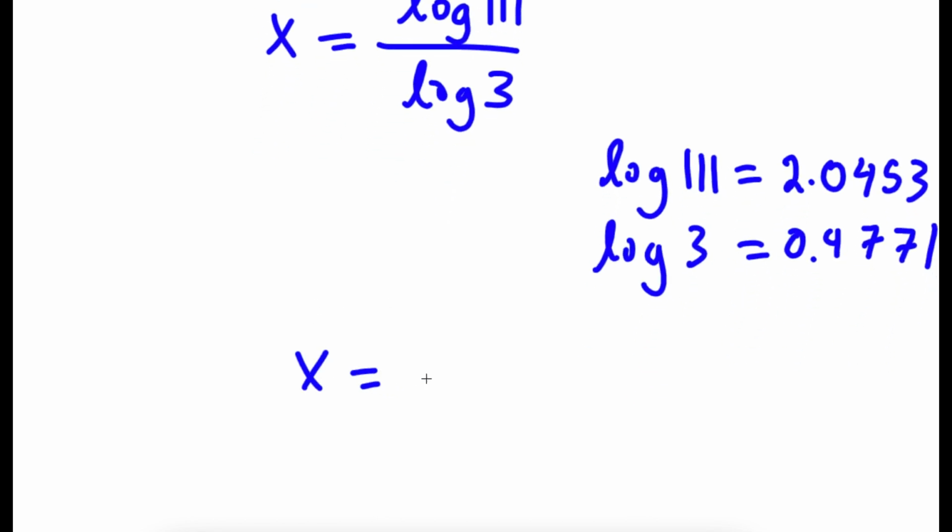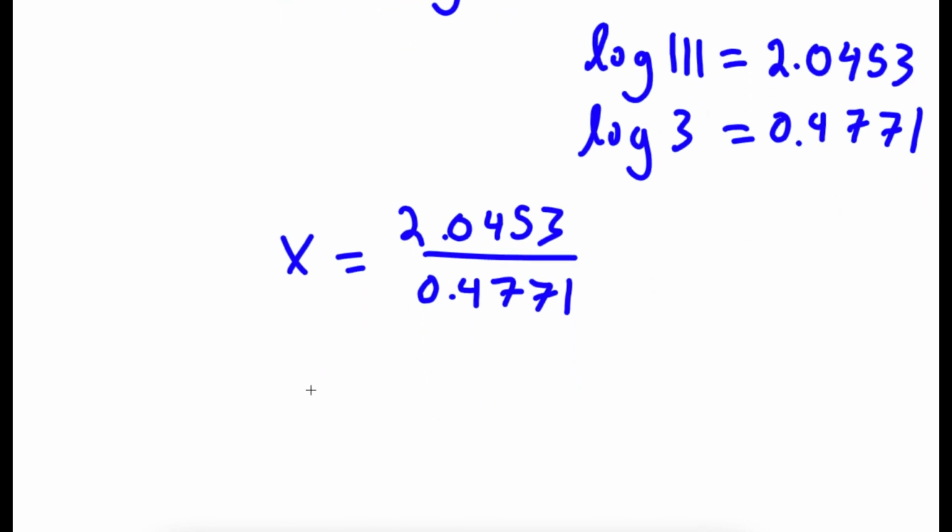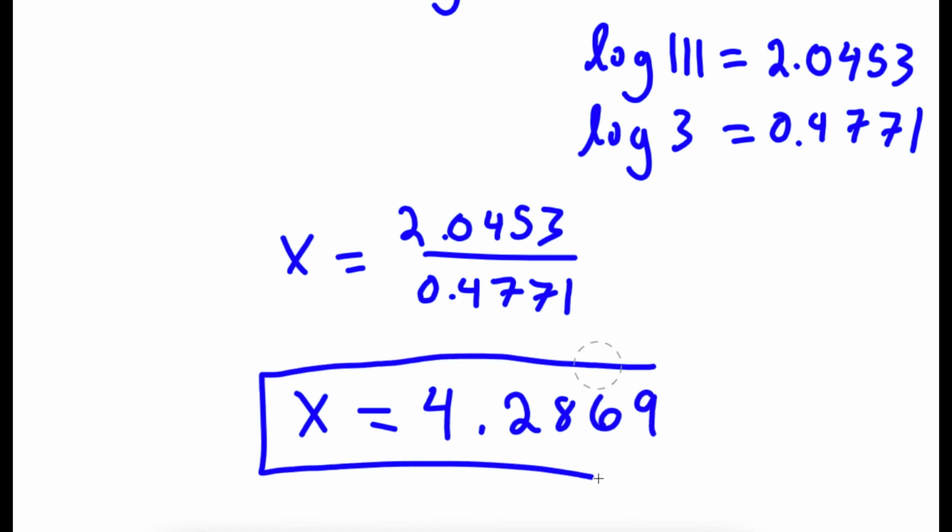So I have x is equal to 2.0453 over 0.4771. So now this is equal to 4.2869. So this is my answer.